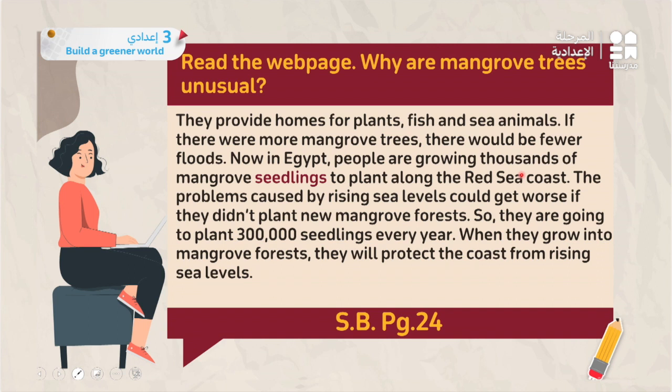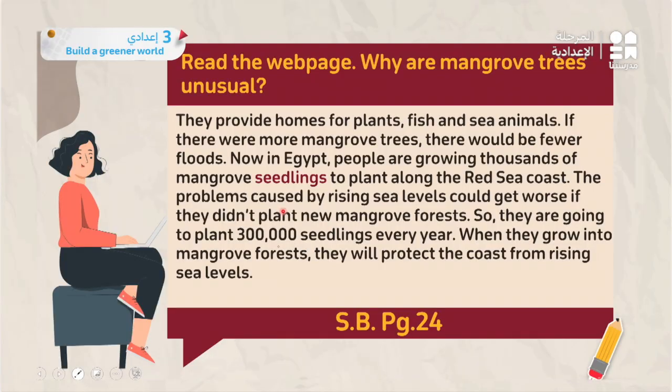The problems caused by rising sea levels could get worse if they didn't plant new mangrove forests. So they're going to plant 300,000 seedlings every year.